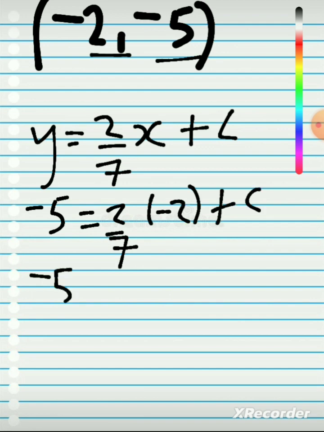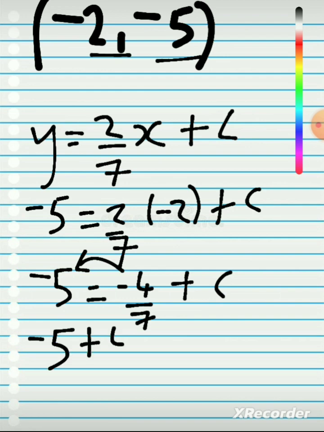So it's going to be -5, 2 times -2, -4 over 7 plus c. We can take this side, it will become -5 plus 4 over 7 equals c. So now this is a fraction that has to be solved. Since this is a whole number, there are many ways to solve it, but you can introduce over 1, since a number that does not have the over symbol has an invisible over 1.